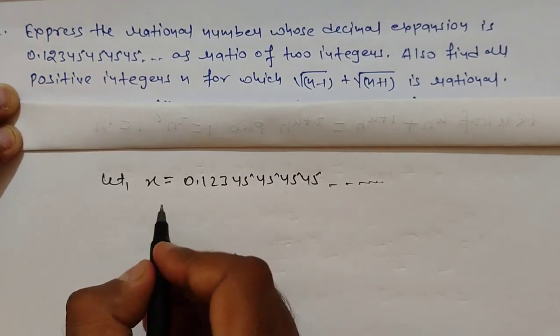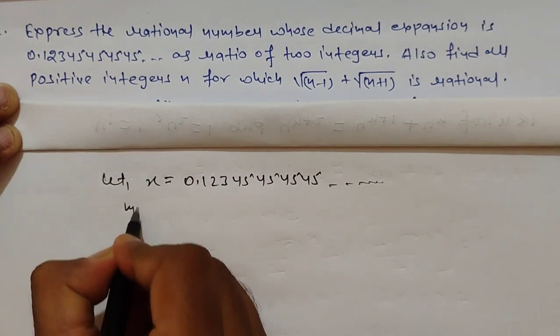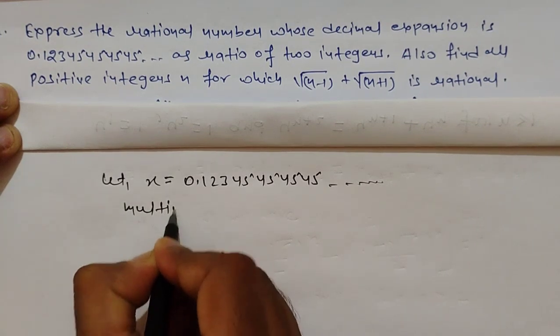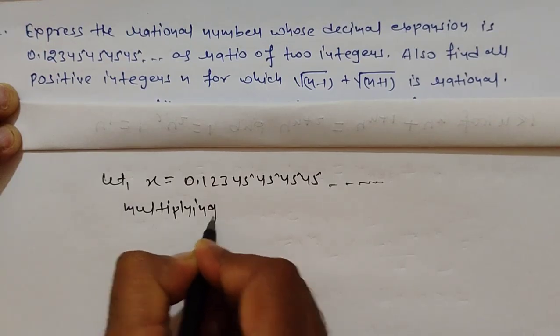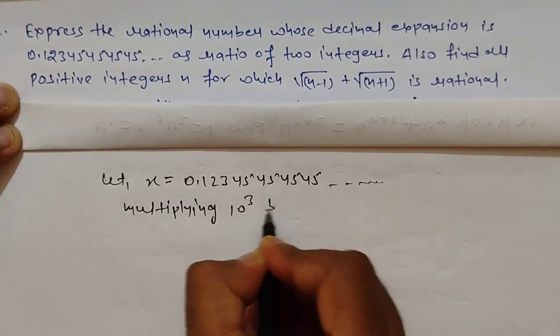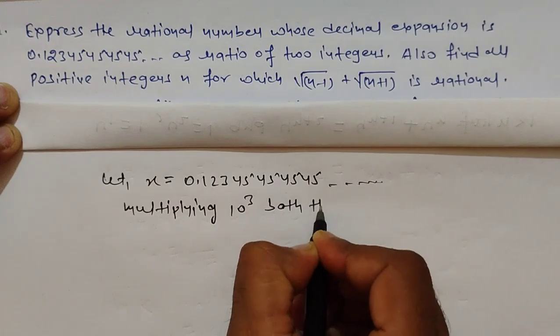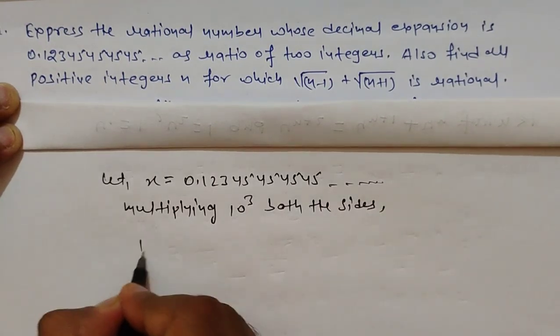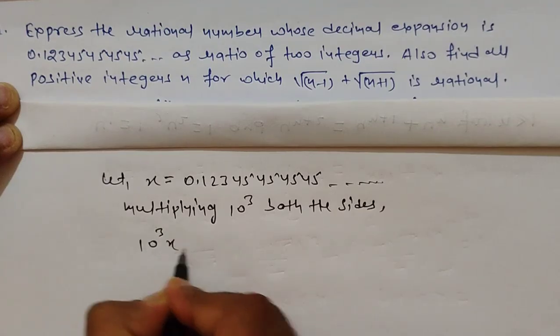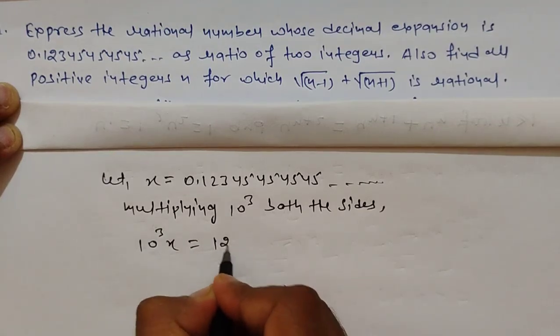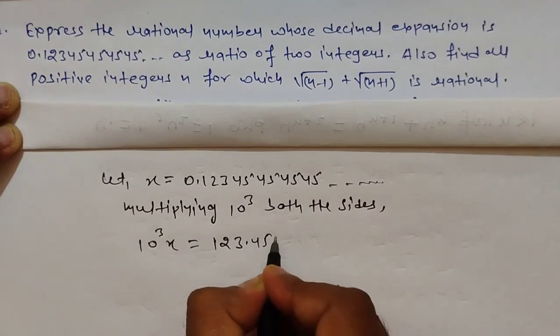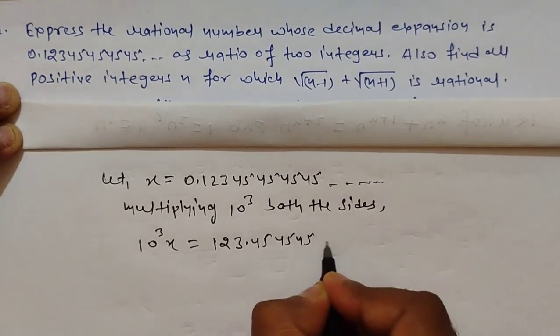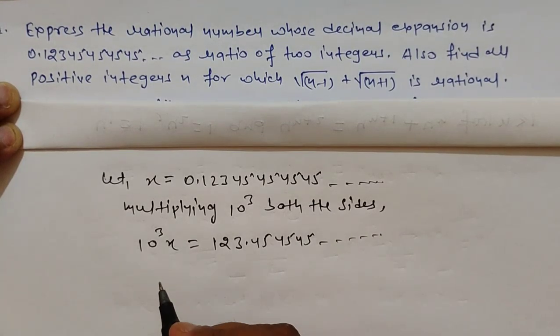So we are multiplying by 10 to the power 3 on both sides, and we get 10 to the power 3 into x is equal to 123.454545 and so on.